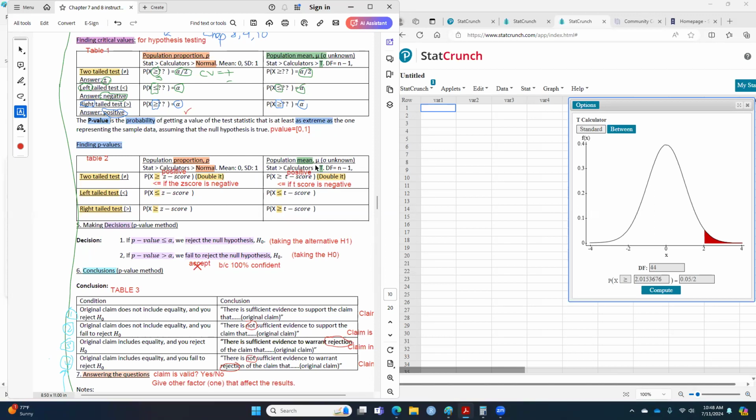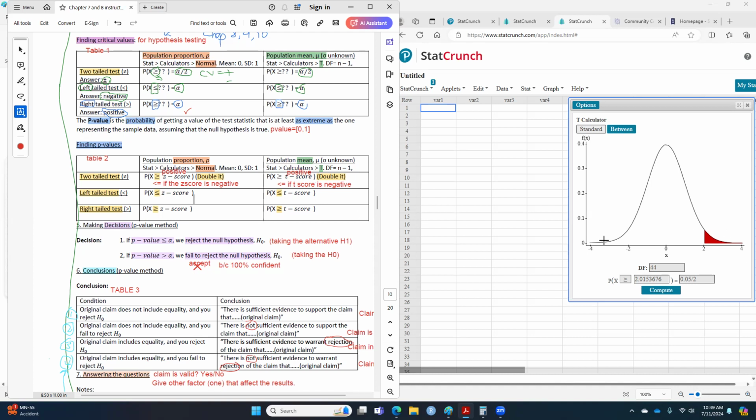So that means we are still using the T calculator, and we are still using the same degree of freedom of n minus 1, which is 44 in this case. But you're going to use this case and make sure that because it's a two-tail test, once you get the value, you have to double it. The reason why you double it is because you only found one side of the p-value, on the right side or left side.